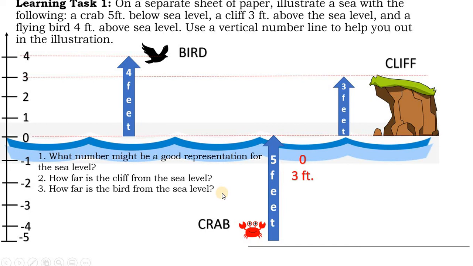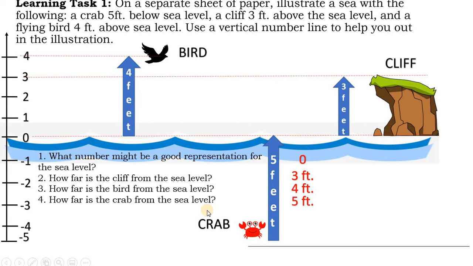Okay? And then, number 3 or third question, how far is the bird from the sea level? So, here is the bird and then here is the sea level. It is 4 feet.